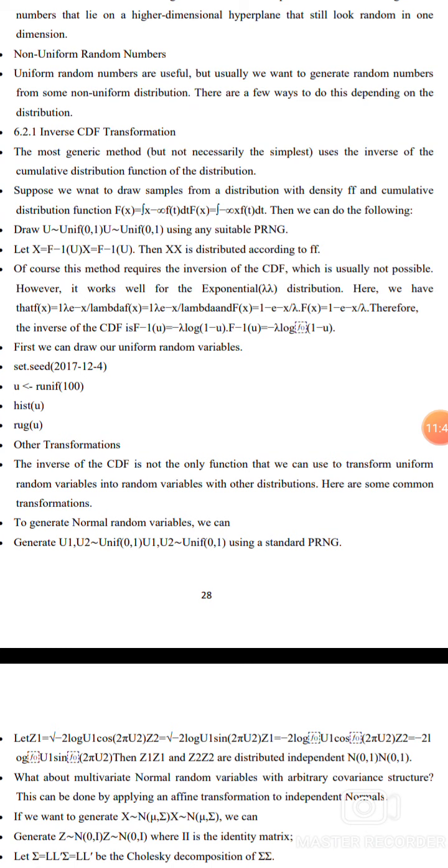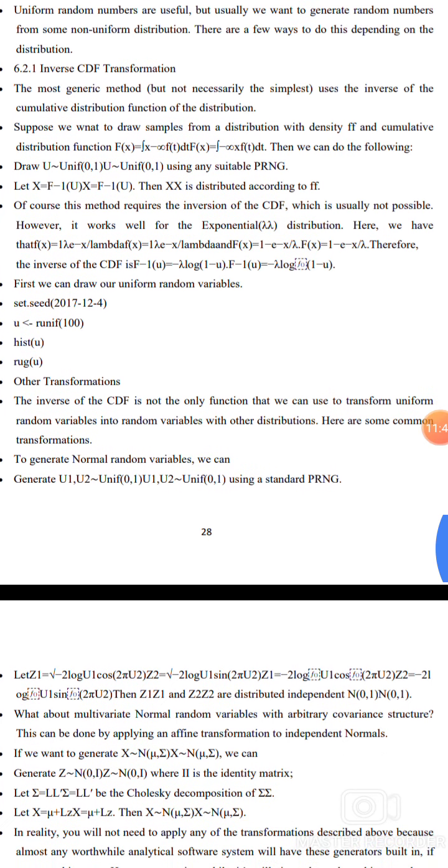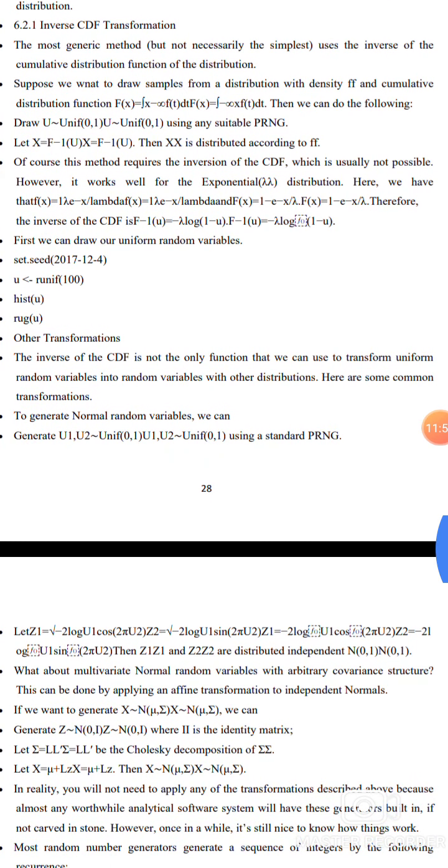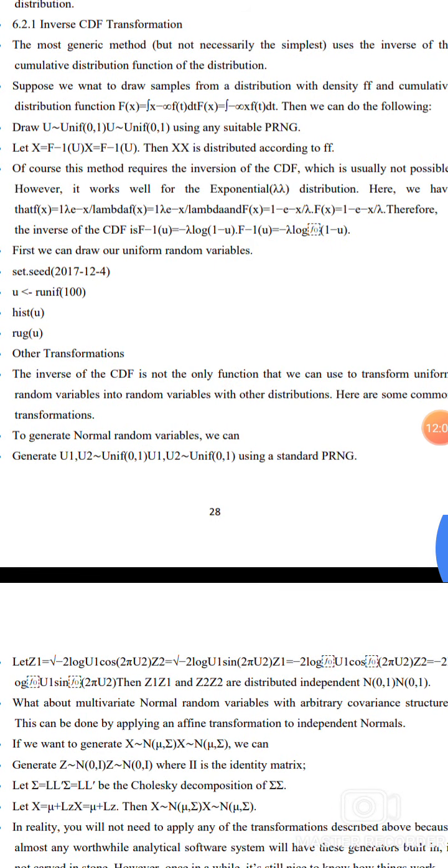Non-uniform random numbers. The uniform random numbers are useful to generate other random numbers with some non-uniform distribution. Inverse CDF transformation: the most general method uses the inverse of the cumulative distribution function of the distribution.